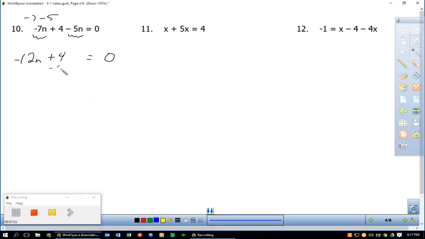Subtracting 4 from both sides, that is negative 4, and that's going to be negative 12n, and dividing by negative 12, let's see, that should actually be a fraction. 1/3, positive 1/3. So n equals positive 1/3.